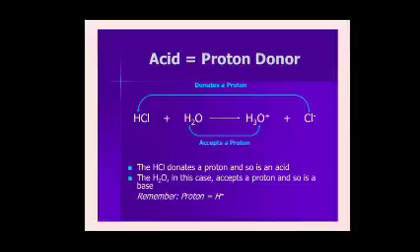The HCl donates a proton and so is an acid. The H2O in this case accepts a proton and so is a base. Remember, a proton is an H plus ion.